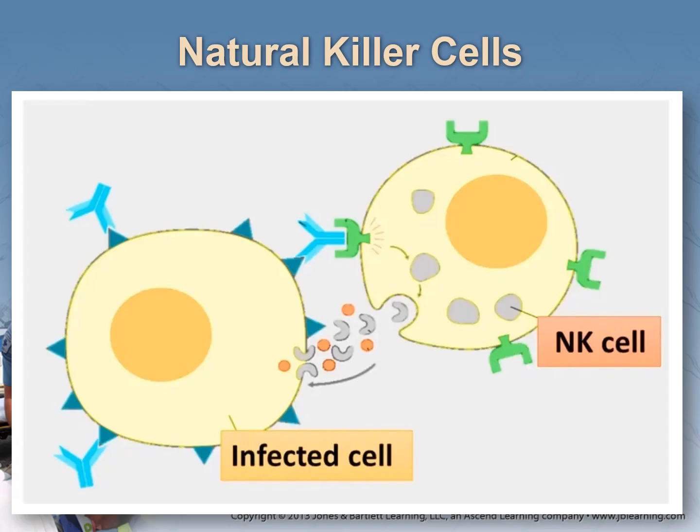The important thing, and the reason that I even included this in this PowerPoint, is that an infected cell, when it's inside the cell like that, we're talking about viruses. So far we talked about bacteria, we had parasites in there, so now we're looking at viruses, and the viruses are on the inside of the cell, and that's where they do their damage or their replication. So a natural killer cell is able to find this infected cell, and then it goes in and kills it directly. Again, this isn't phagocytosis, it's killing it from the outside.